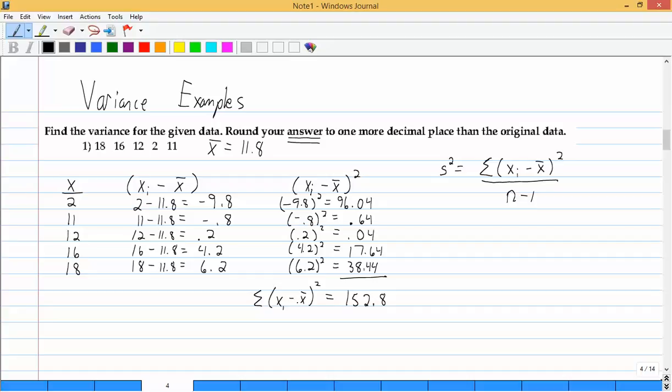So here is the sum of the deviations squared, and we're going to divide that by n minus 1. There were 5 data items, so 5 minus 1, so we're going to divide by 4. Whenever I get this answer, this is the one that I'm going to round to one more decimal place than the original set of data.